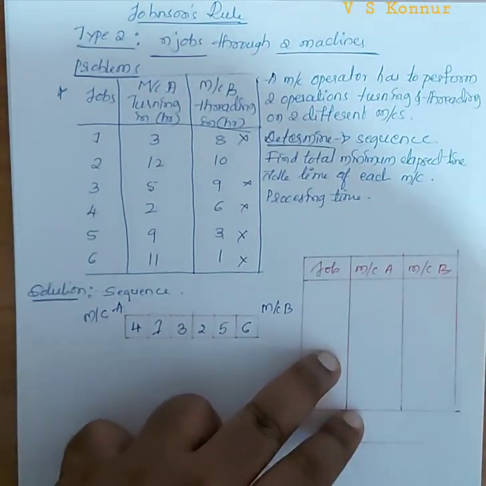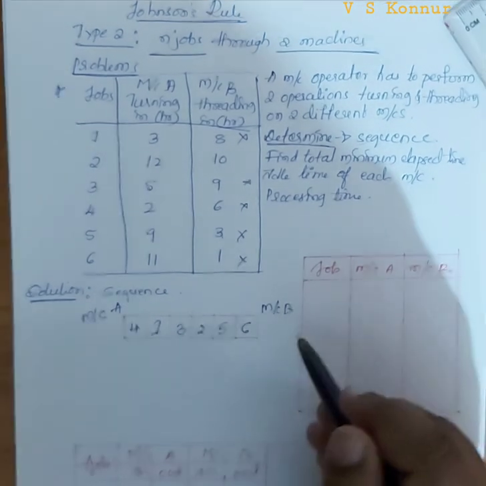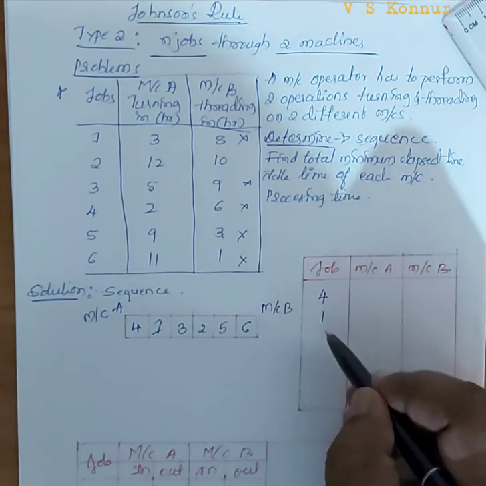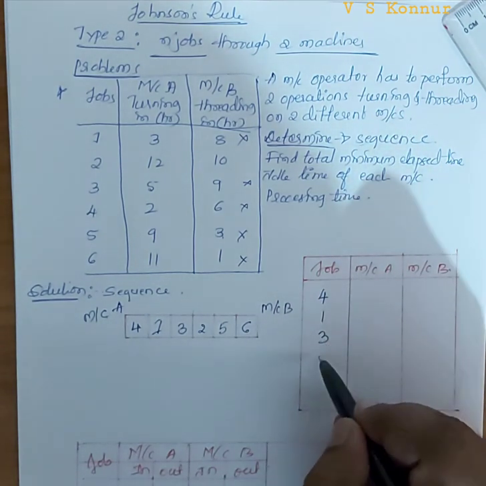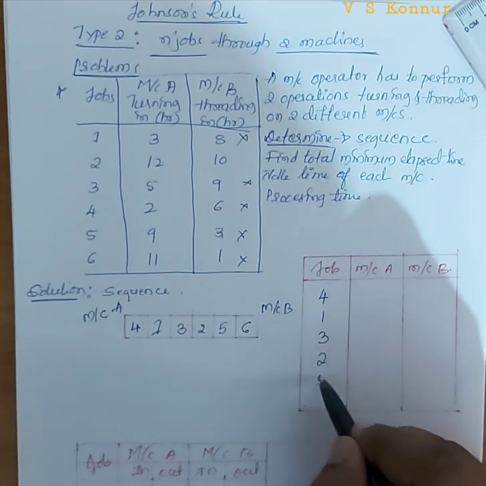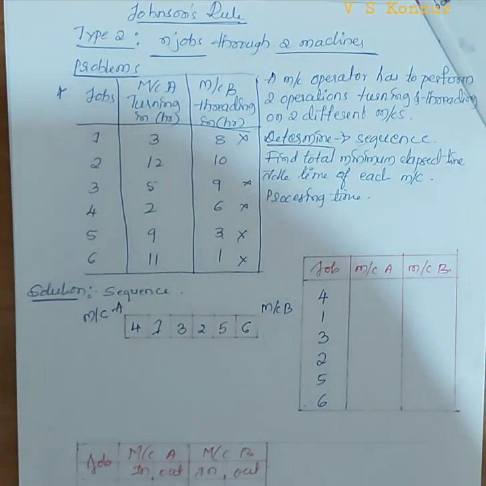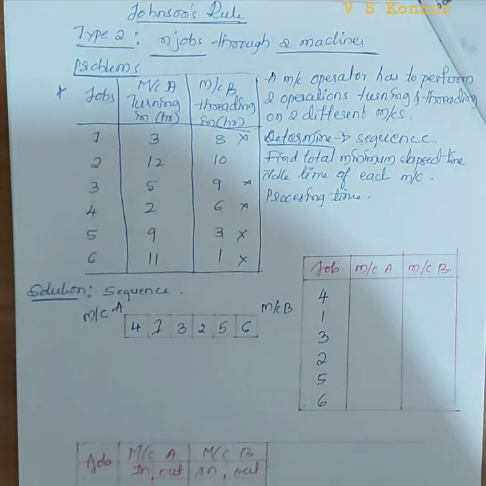Now we will move on to writing the same sequence, 4 1 3 2 5 6. Same sequence I have written here. For that sequence we have to write the total time according to the given data.